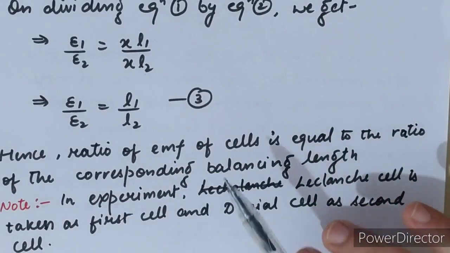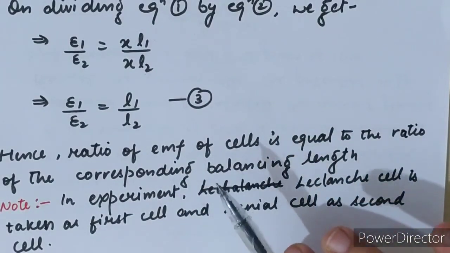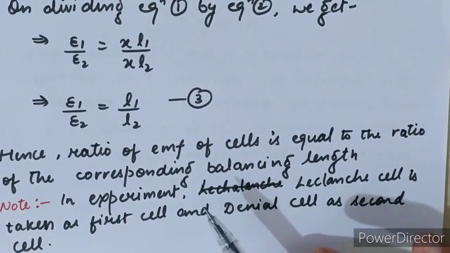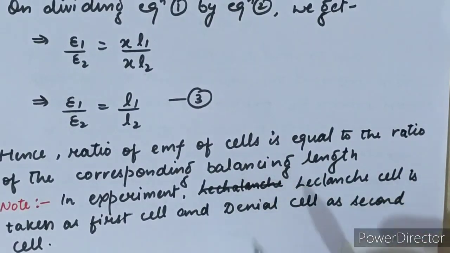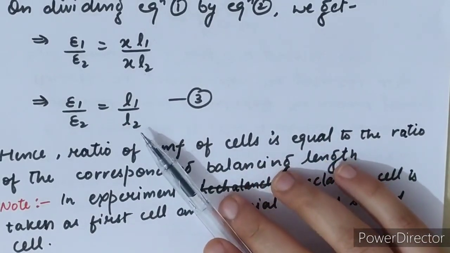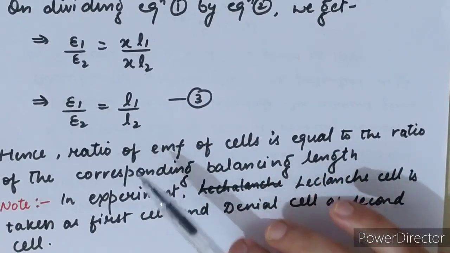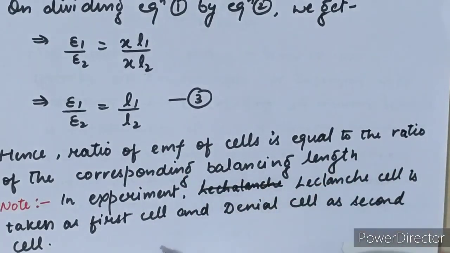Various values of the balancing lengths L1 and L2 are obtained. In this way the ratios of E1 and E2 are calculated and afterwards the mean value is reported.